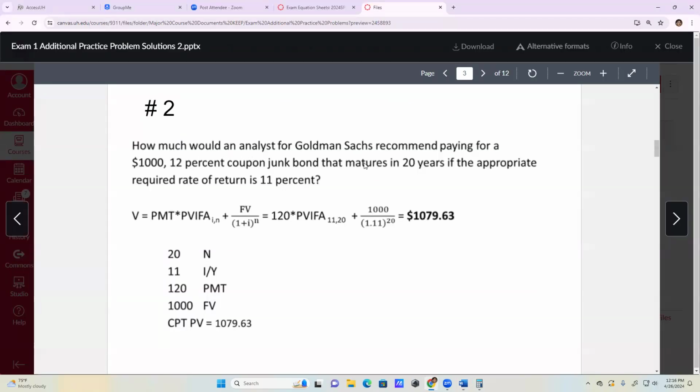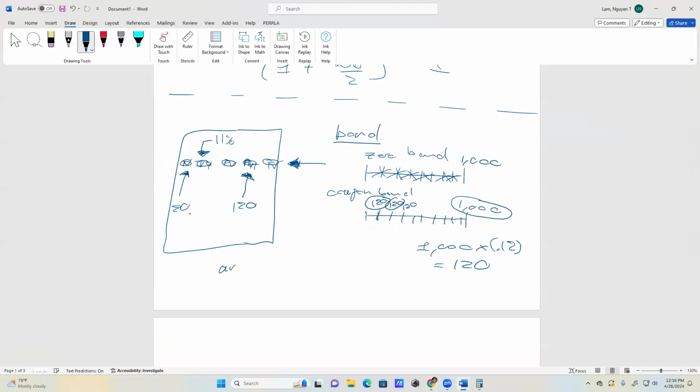One important thing I want to tell you guys is this one: it doesn't say semi-annually, monthly, quarterly, right? So it's automatically annually. Annually. And why is it important?